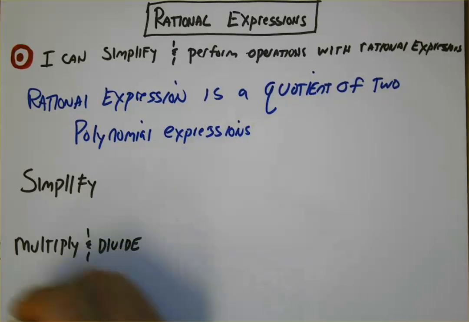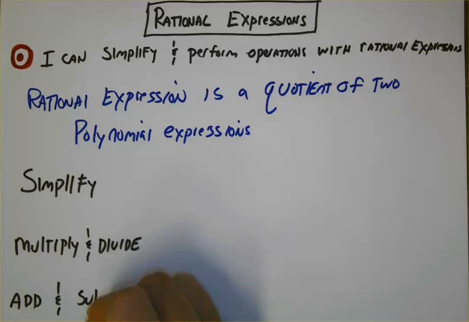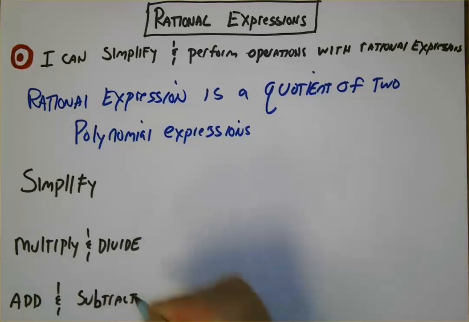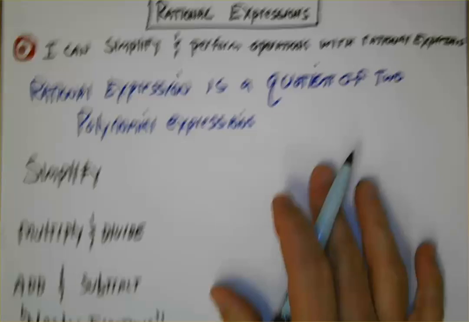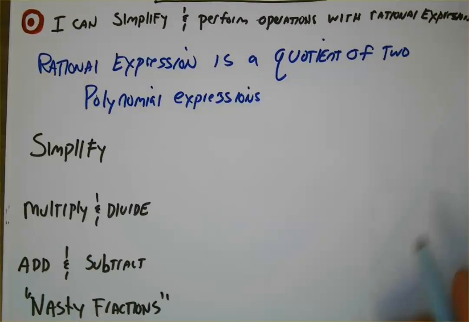We are going to add and subtract them. And then we are going to look at nasty fractions. So we're going to simplify, multiply, divide, add, subtract, and look at nasty fractions.